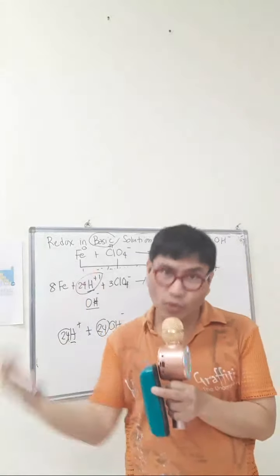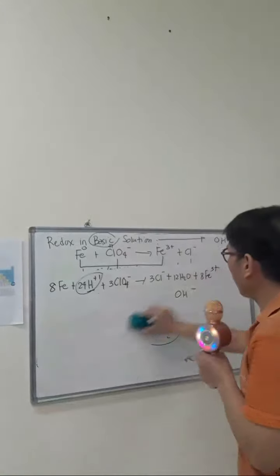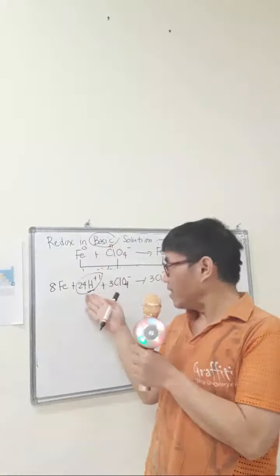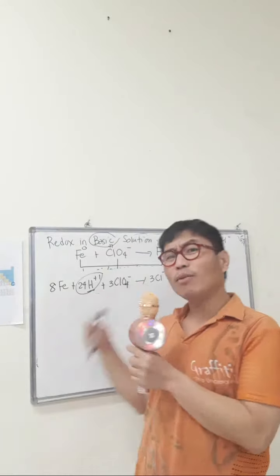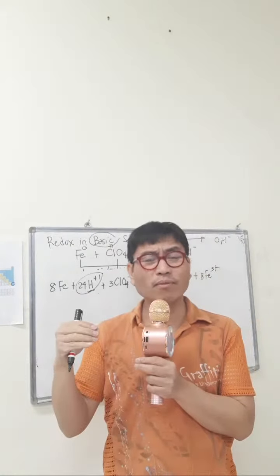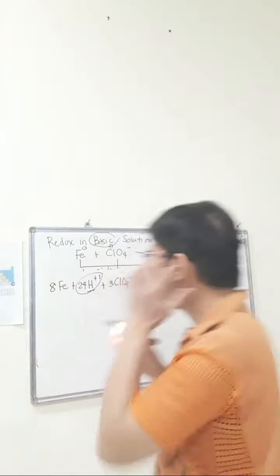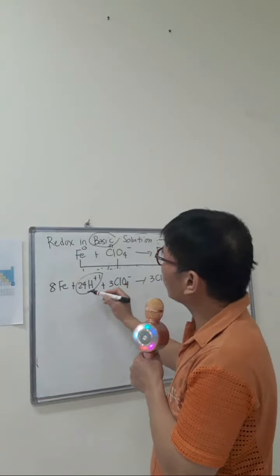So you will say plus 24 OH. Just put that in your brain cells: the coefficient here will also be the same for OH. So 24H plus 24OH will become 24 moles of water.